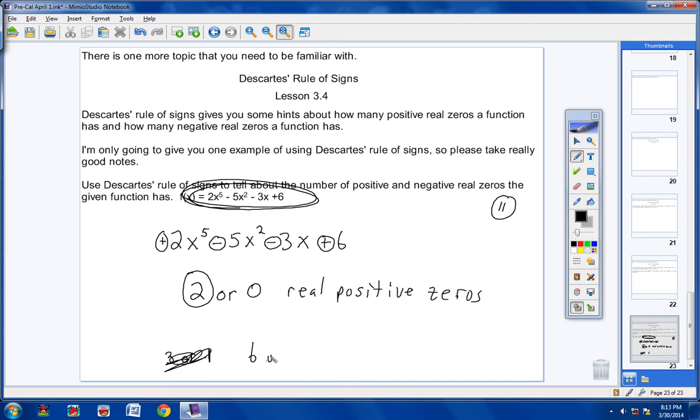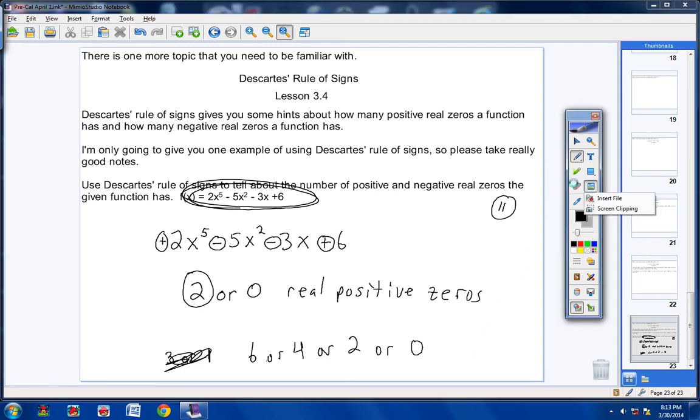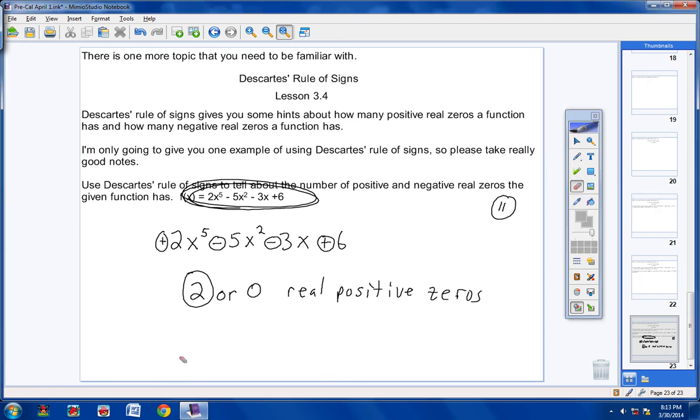Then you have 6 or 4 or 2 or 0 real positive zeros. So that's how you check to get some hints about your positive real zeros.